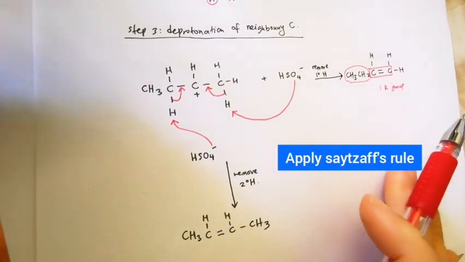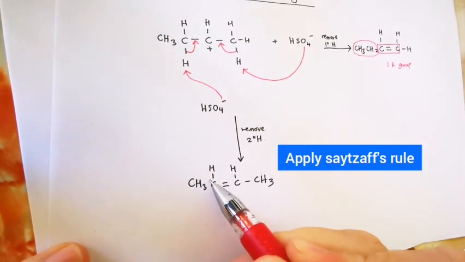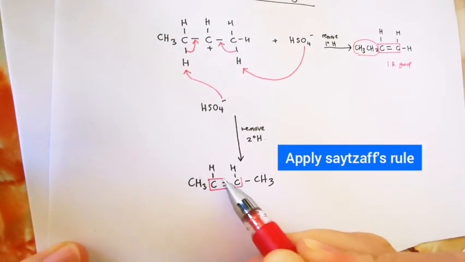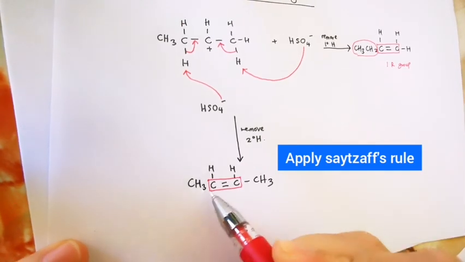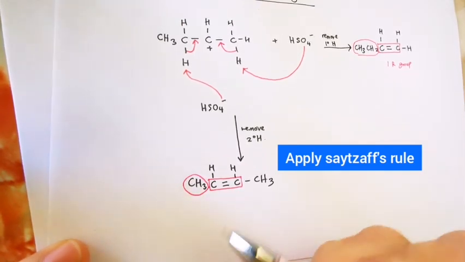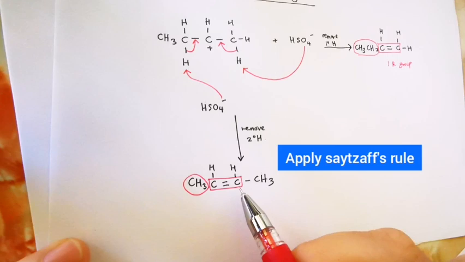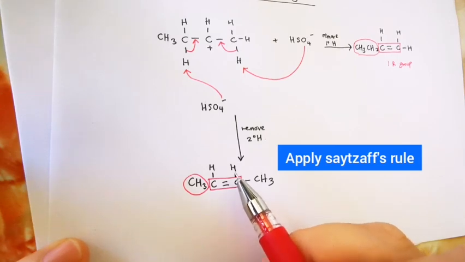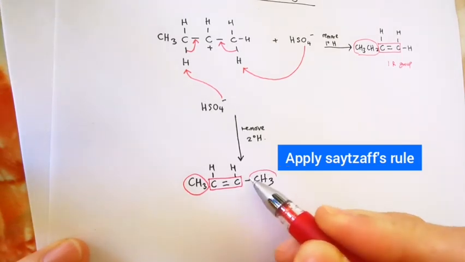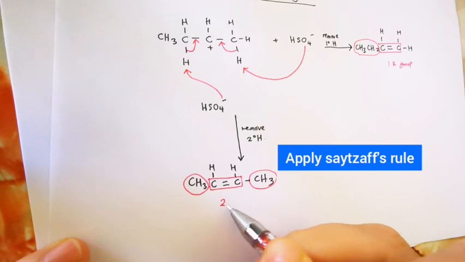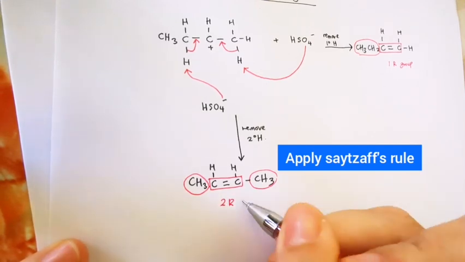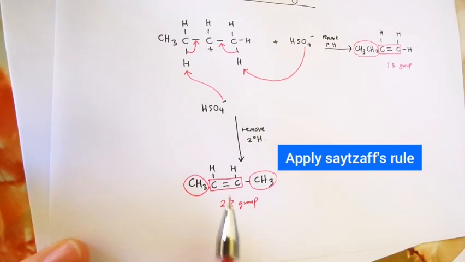How about this? We will look at this CC double bond. This carbon, we have one R group. This is not an R group. This carbon, this is not an R group, but we have one R group. So in this product, we have two R groups at the CC double bond.